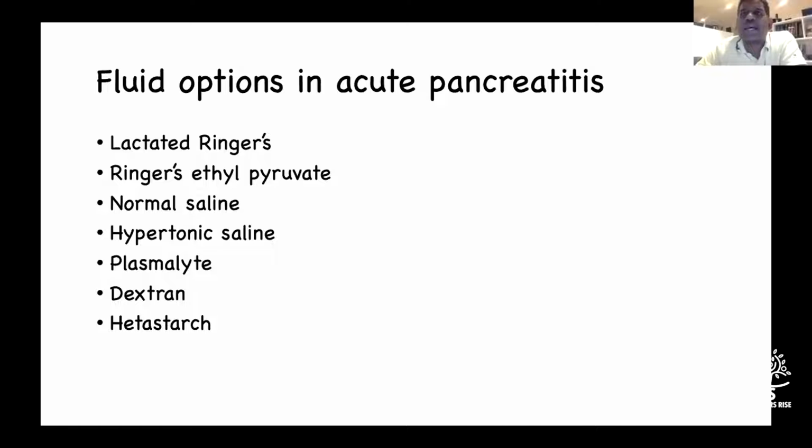3% saline, the hypertonic one, has been found to facilitate pancreatic microcirculation, probably because it induces a shrinkage of the pancreatic endothelial cells, establishes an osmotic gradient, and also modulates neutrophil activity. So leukocyte adhesion, those things are changed.